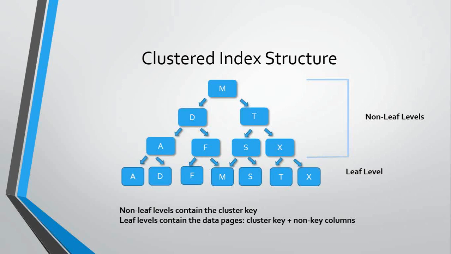So if I had a table, let's say a customer table, and I had a clustered index on customer ID, my non-leaf levels would contain customer ID, and my leaf levels would contain customer ID plus first name, last name, on and on, whatever you have in that table.